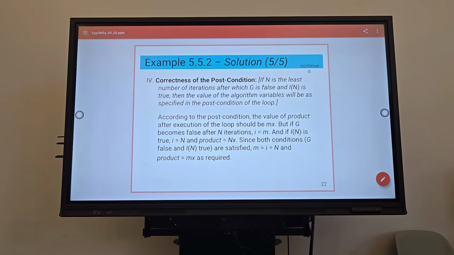Since both conditions, G false and I of n is true, are satisfied, m equals I, which equals n, and the product m times x is the result as well.